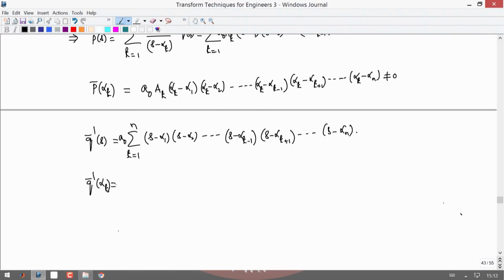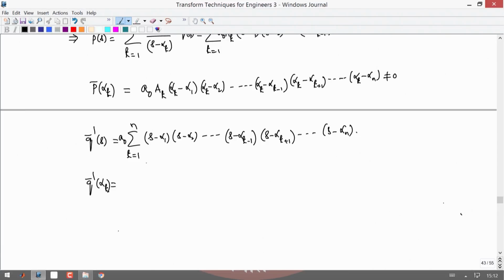If you put s equal to alpha 1, it is going to be the first term when you have k equal to 1. There is no alpha 0 term, so you have s minus alpha 2 onwards. Those other terms will not be there, because when k equal to 1 it would be s minus alpha 0. So, there is no such term.